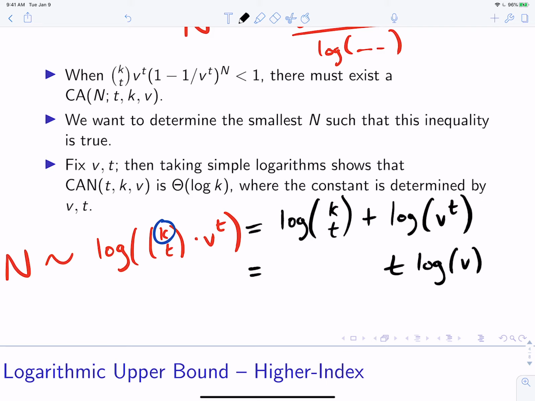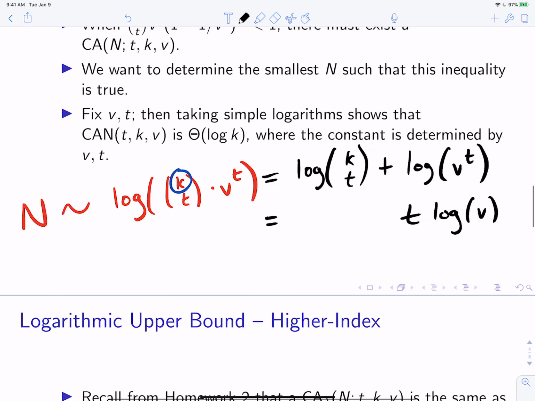How can I simplify the log k choose t? It turns out you could get a bound on it, but we're going to do something simple. Note that k choose t is always at most k to the t. It's a rather crude bound, but it's pretty simple, and it's sufficient for what we want to do here.